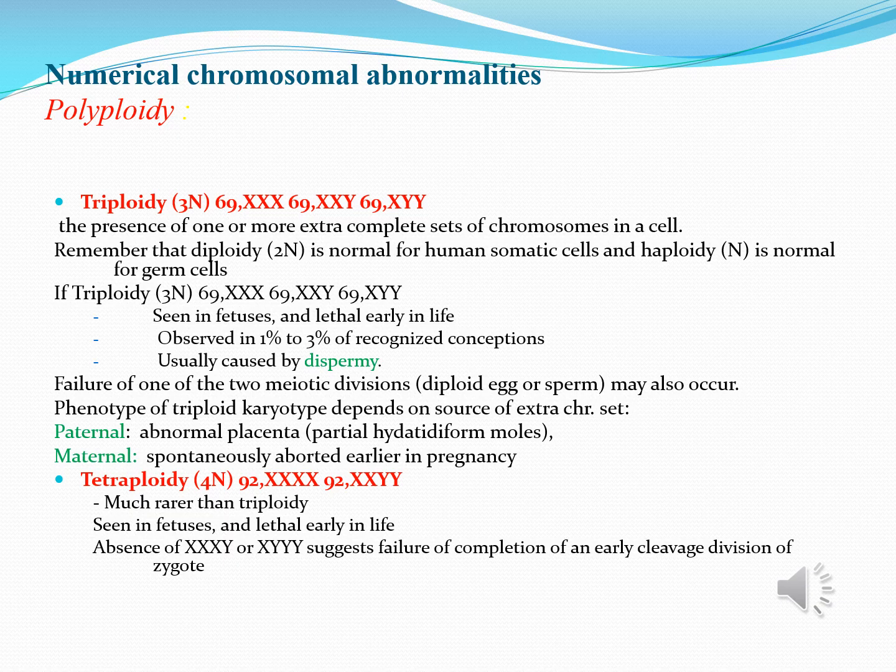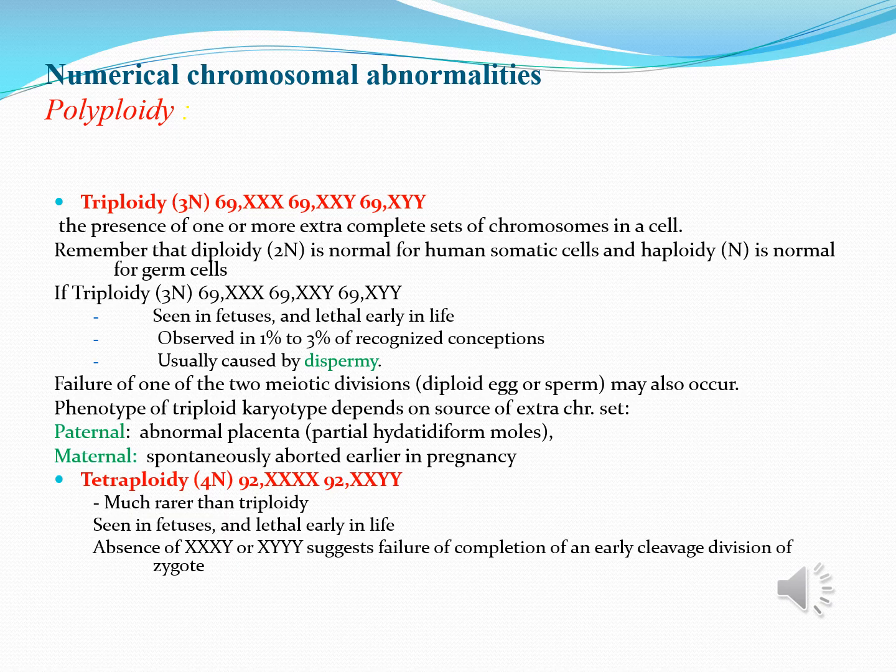The phenotype of triploidy depends on the source of the extra chromosome set. Paternal triploidy, where the extra set comes from the father, is associated with abnormal placenta, specifically partial hydatidiform moles. These pregnancies may continue longer but have severe placental abnormalities.